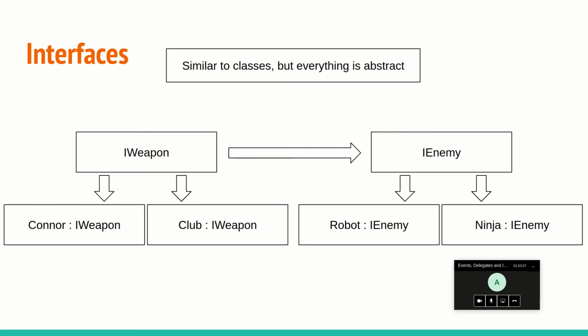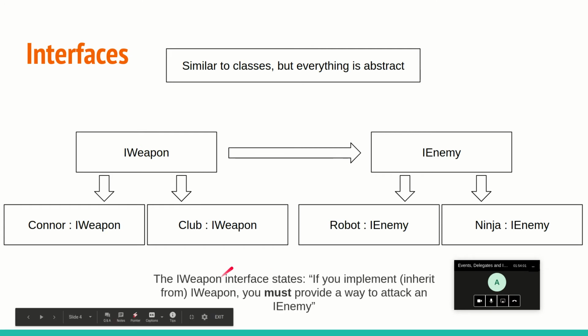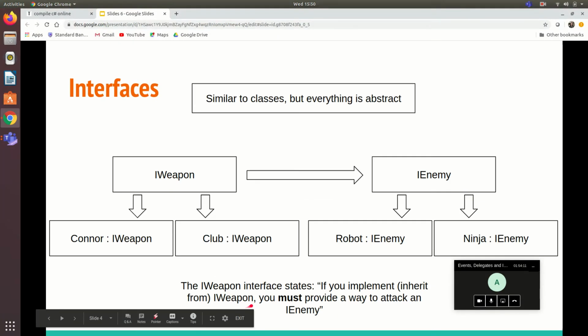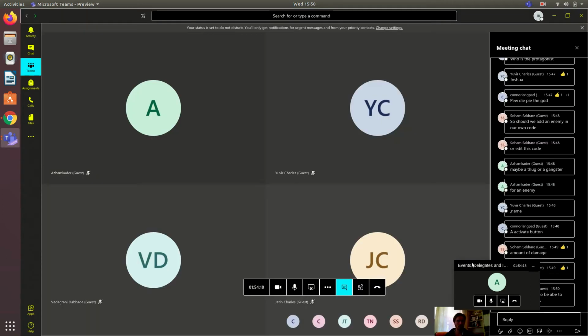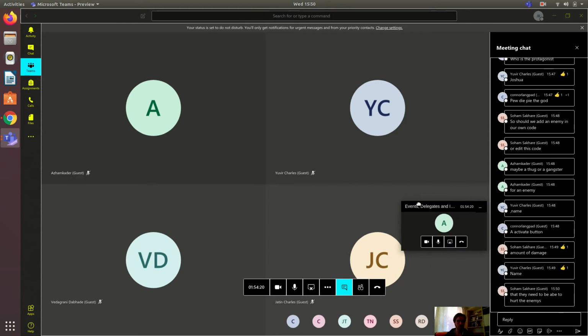If I open up this bottom thing here, it says the IWeapon interface states that if you implement an IWeapon, you must provide a way to attack an enemy. So what does our IWeapon interface need? They need to be able to hurt enemies.